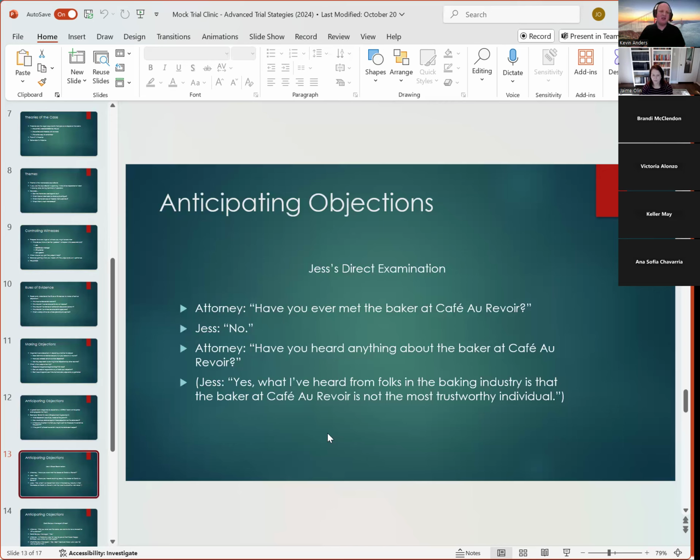So relevance, that's a good objection, but is there a better objection? I see Anna Sophia saying calls for hearsay, and I would agree with that. Now would there be an exception to the hearsay rule that would apply here?